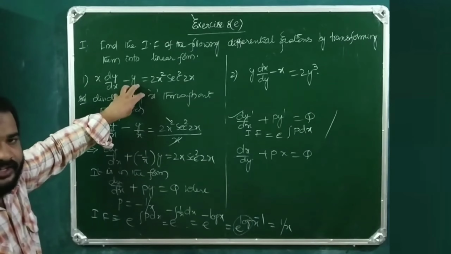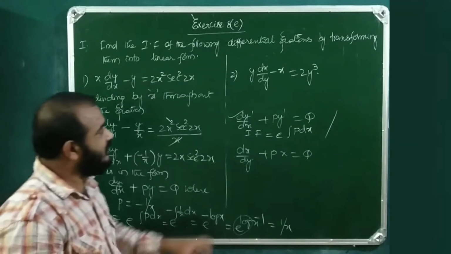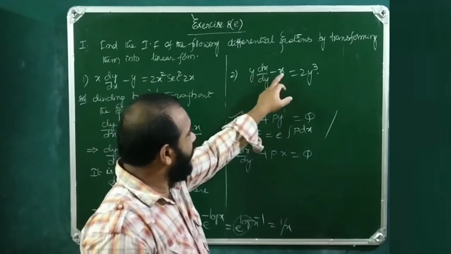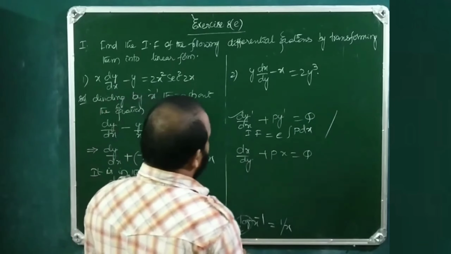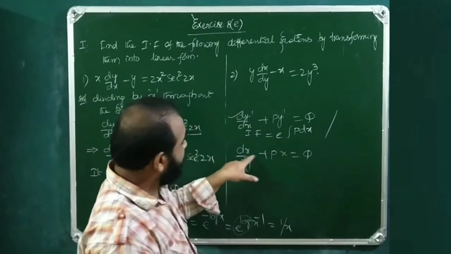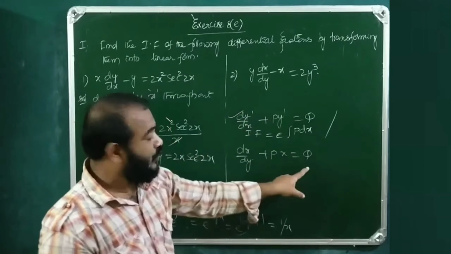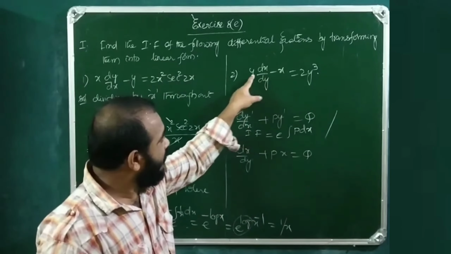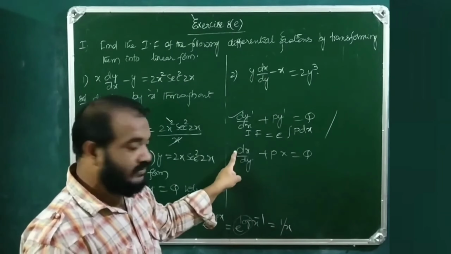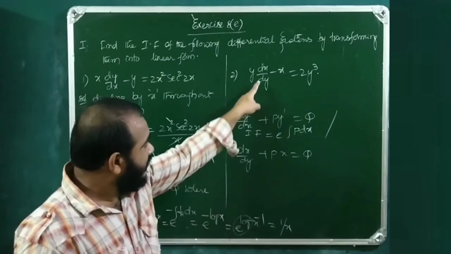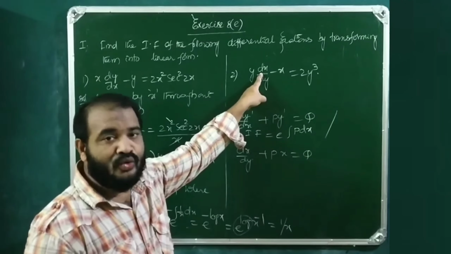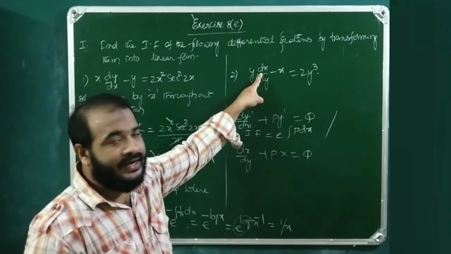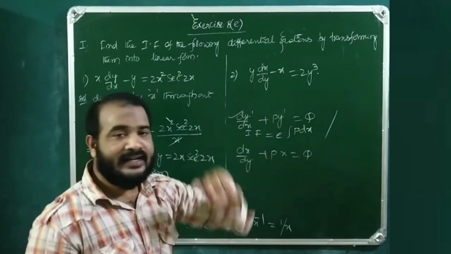Let us see the next one. Y dx by dy minus x equals 2y cube. First of all, this is dx by dy plus px equals q, so dx by dy's coefficient y should not be there. To make it free from y, we have to divide with y throughout the entire equation.